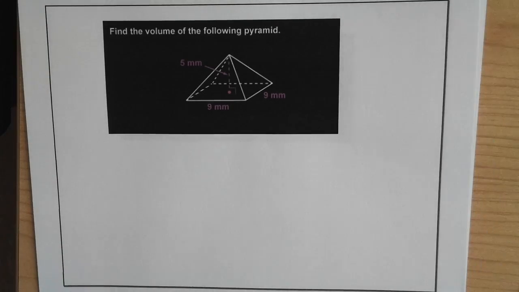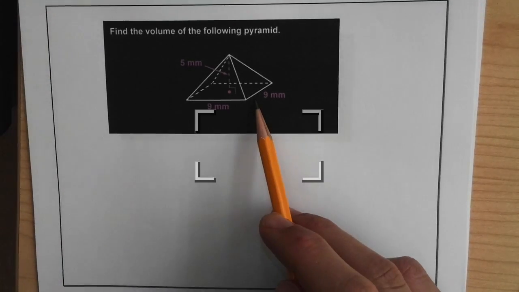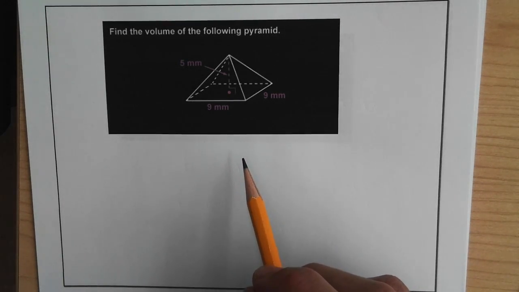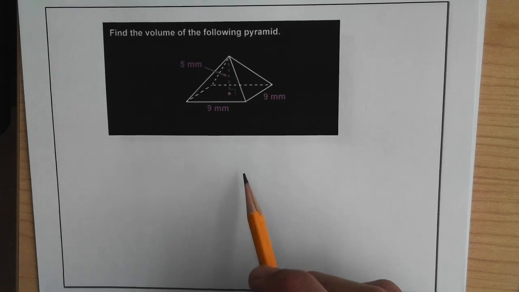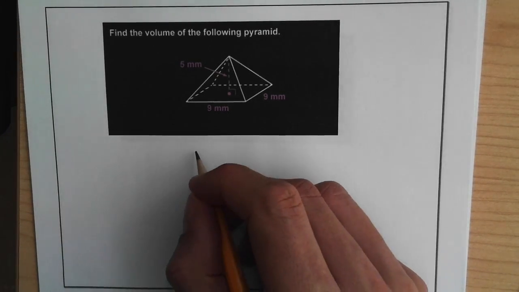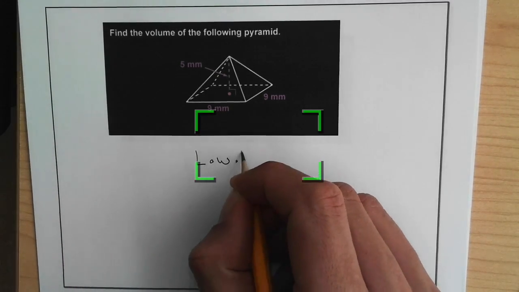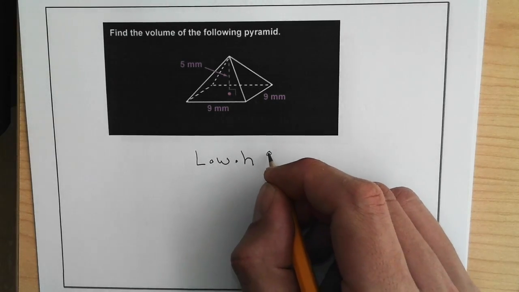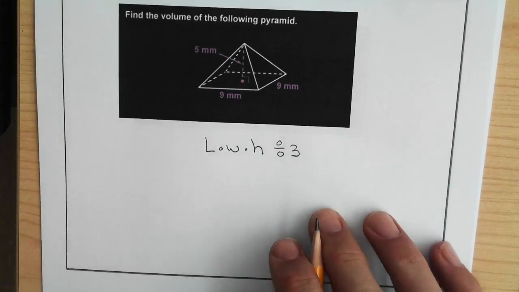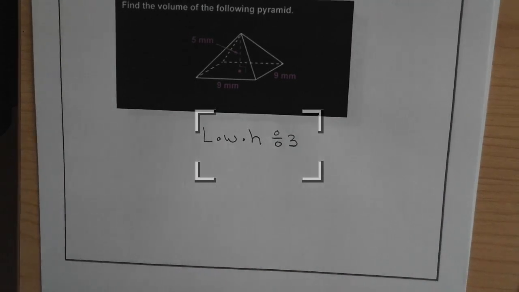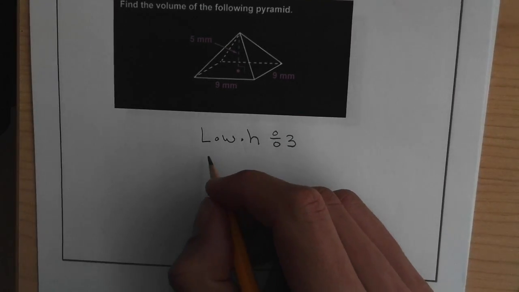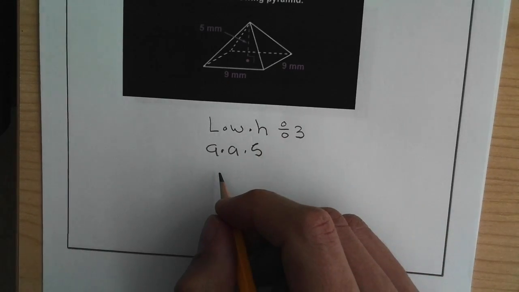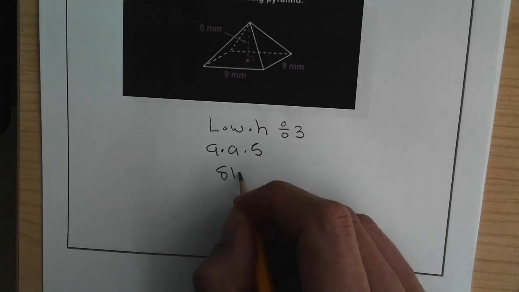Third question. If we think about a rectangular prism, if we cut that into thirds, we actually get 3 pyramids. So then we can say that for the pyramid with the square base, length times width times height divided by 3. So we'll put in a 9 and a 9 and a 5 here. 9 times 9 is 81.